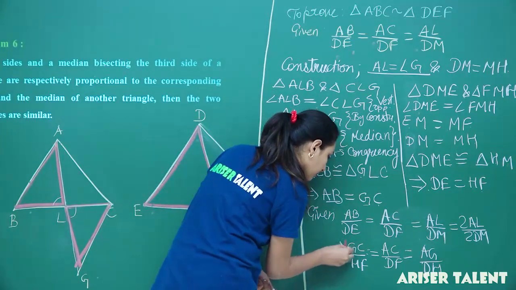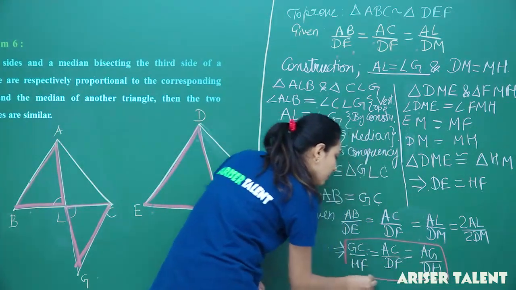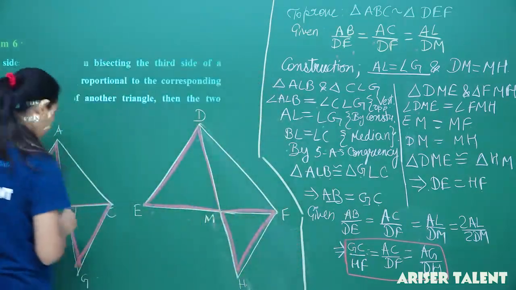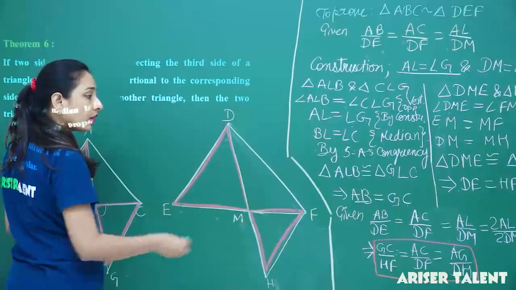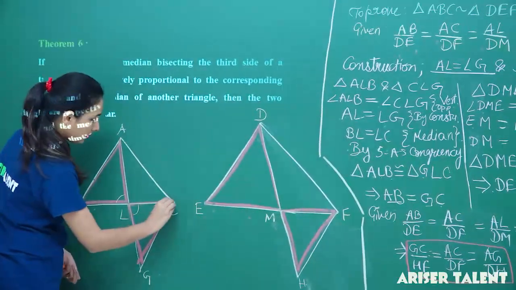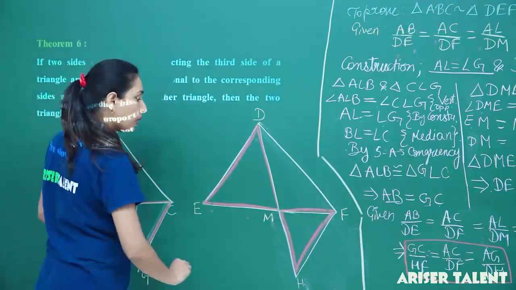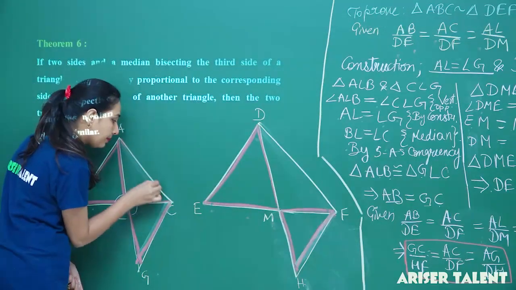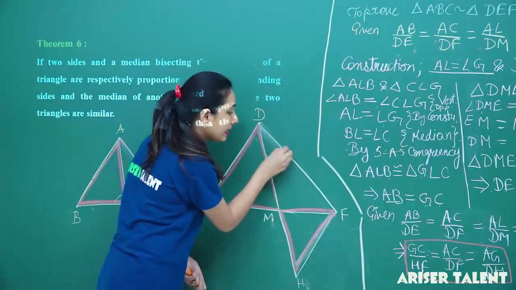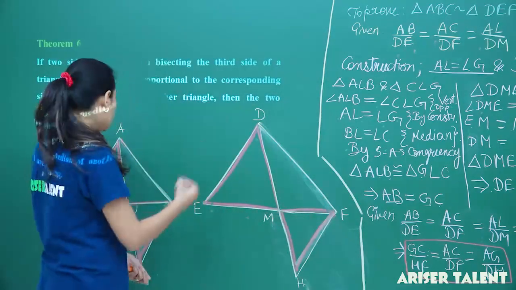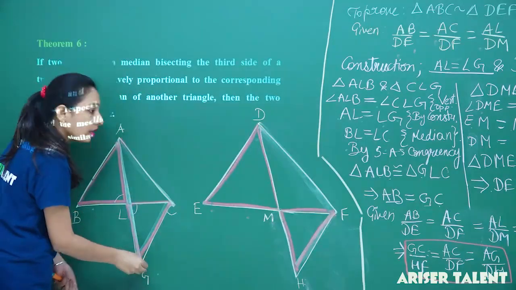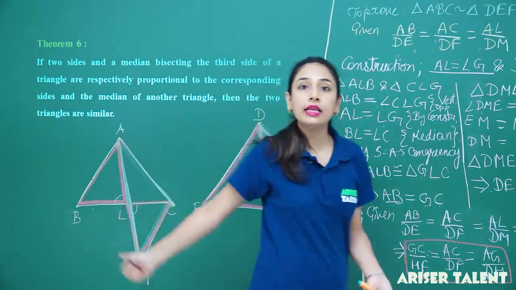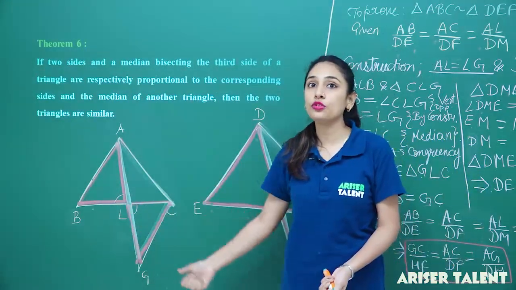So look at this proportion. Now what is it saying? That GC is proportional to HF, then AC is proportional to DF, equals AG proportional to DH. Now students, the sides of these two triangles are proportional to each other.